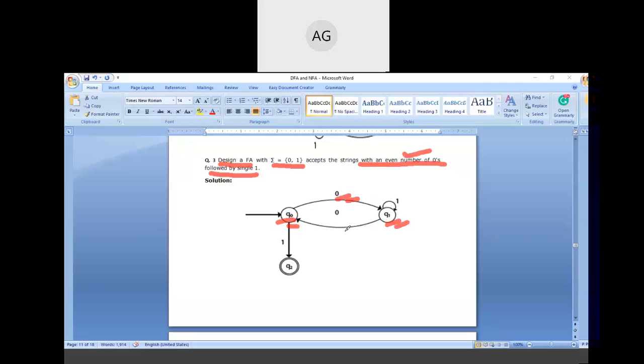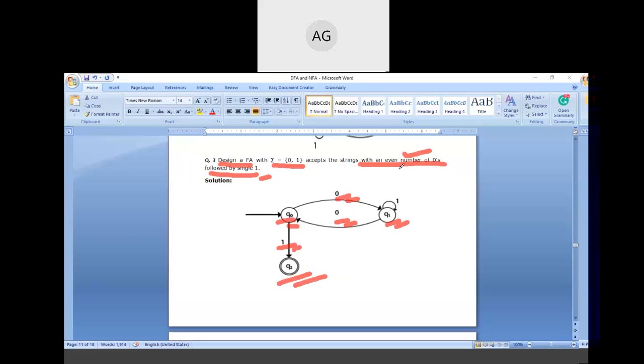So we traverse again with the zero symbol and come back to the initial state. After we get the even number of zeros, we need to follow it with a single one, and after that we can reach the final state, which is q2.